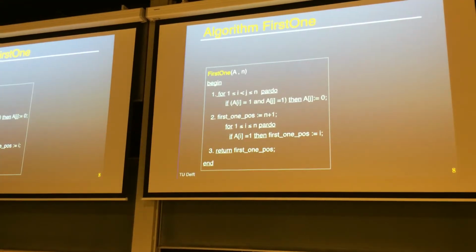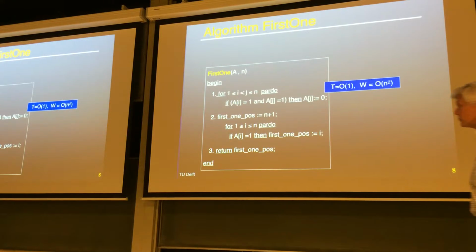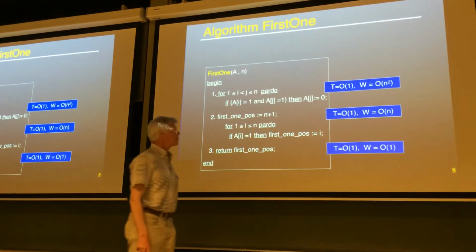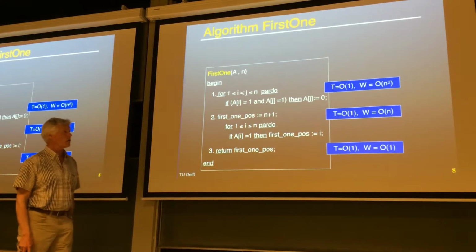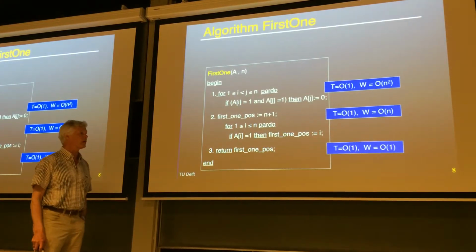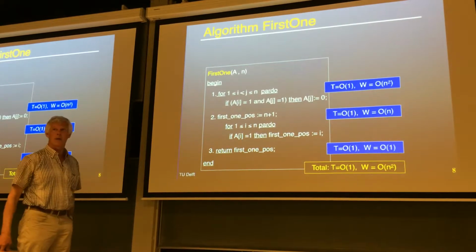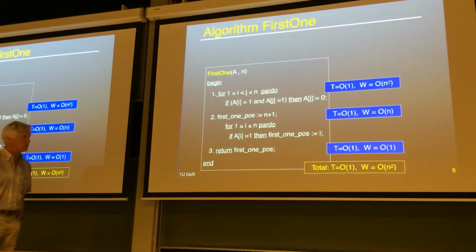Analysis: O(1), O(1), and O(1) for the time, and O(n) square, O(n) and O(1) for the amount of work, resulting in a total O(1), O(n) square for the complexity profile of the algorithm.